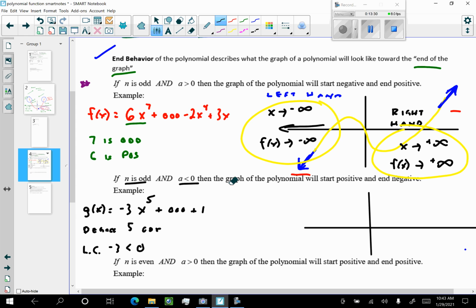Then the graph is going to start positive and end negative. We don't care what goes on the inside, because we're only talking about the end behavior. And this is the part. Let me erase that blue. I want that in yellow, because I really only want you to concentrate on the blue part.